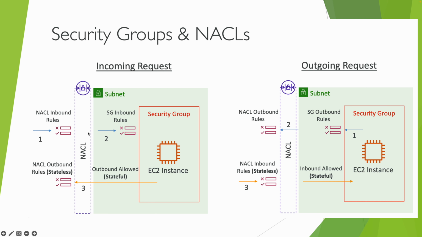After entering the subnet, it checks again in the security group. If an IP is allowed in the NACL but denied in the security group, it still won't enter your EC2 instance. So this is something like a two-step verification: it checks the NACL, and again when entering the subnet, it checks the rules in the security group.